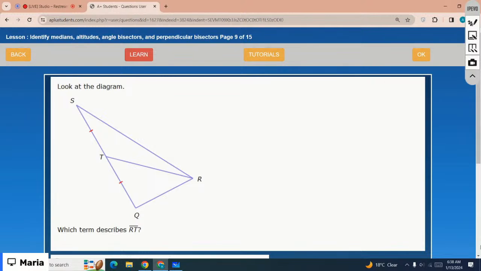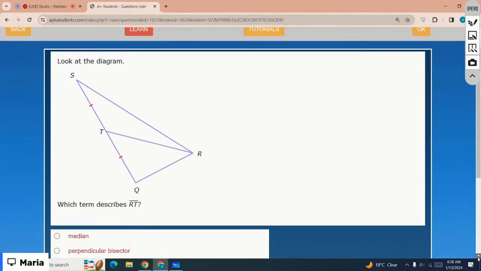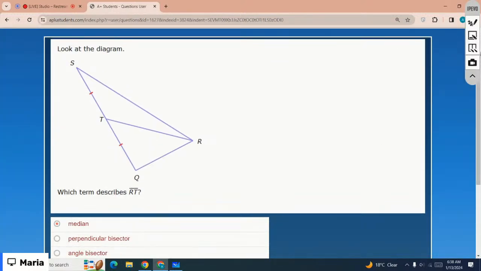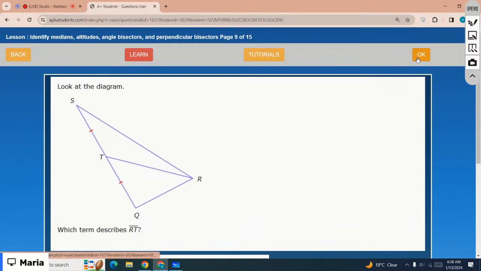Because that divides the line QS into two equal parts. So RT is the median. The correct option is median, right?